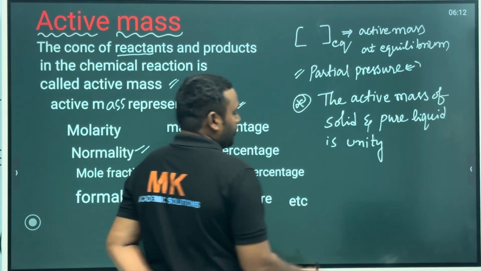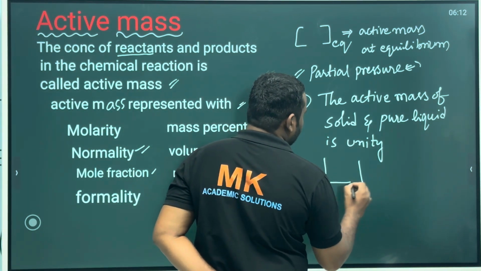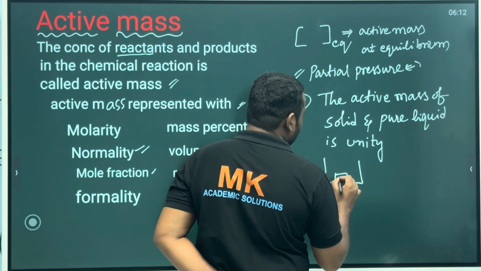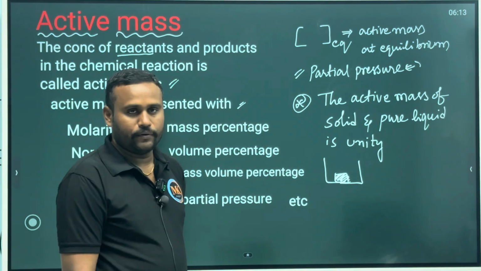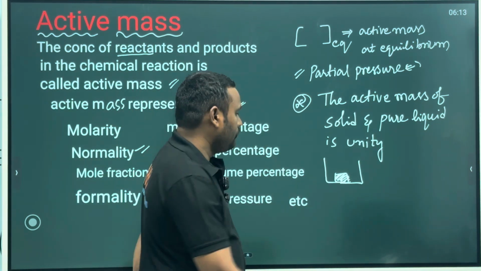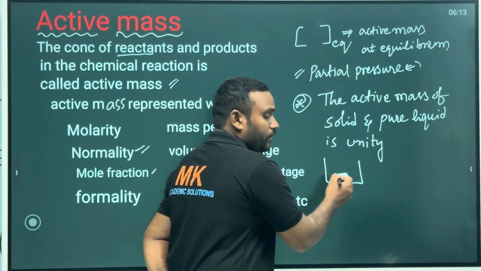Why? Because see, the mass of a pure solid is an intensive property. How much you change the volume of the container, the volume of the solid is not at all going to change.